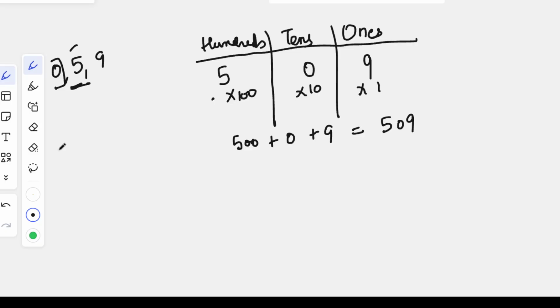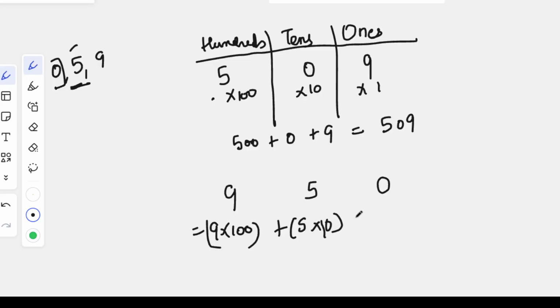For the greatest number, the largest digit will be written in the hundreds column, the smallest digit will be written in the ones column, and whichever digit we are left with will be written in the tens column. So it gives us 9 multiplied by 100, 5 multiplied by 10, and 0 multiplied by 1.